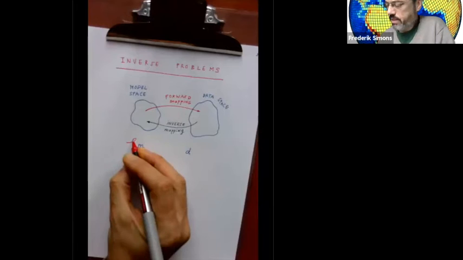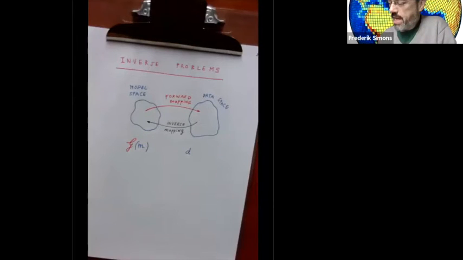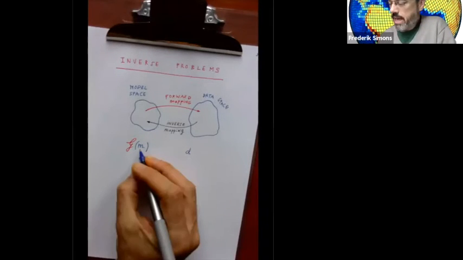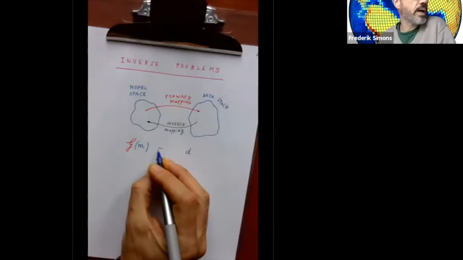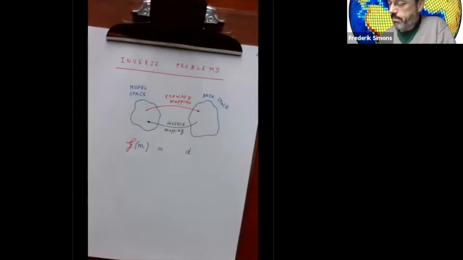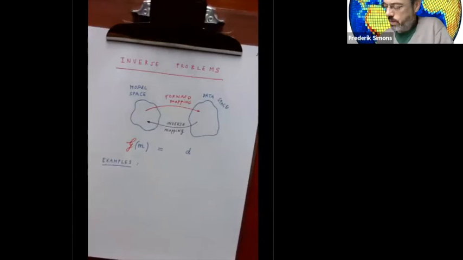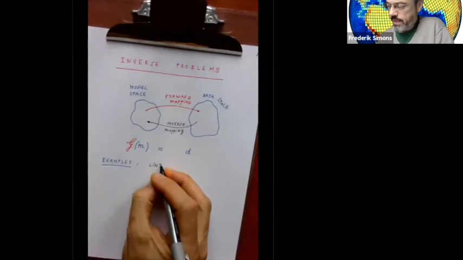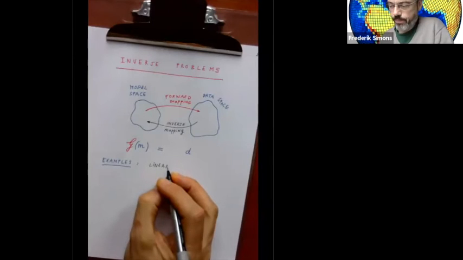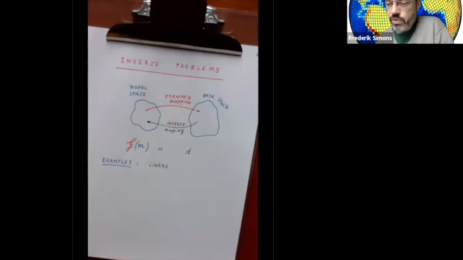And this is a very fancy G. And the model maps onto data in this way. Okay, examples. Well, one of them, clearly we've been talking about all along, is a linear model, okay? Convolution is a linear model. Moving averaging is a linear model. Why is it linear?